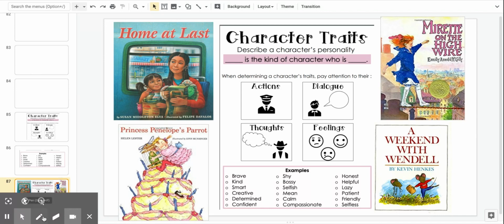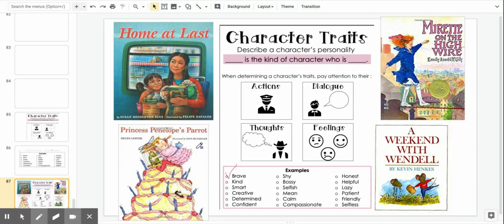So when I look down in my box of our examples of character traits, and I think back to things that the characters did and how they were thinking and feeling and talking in the story, I could say that the mother in the story was brave. She left her home and came to a brand new land and had to learn the language. At first, remember, she didn't want to, but then the emergency that happened with her and her child, she had to learn how to speak English, and she did.